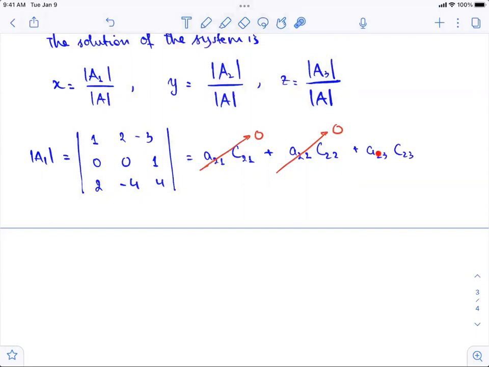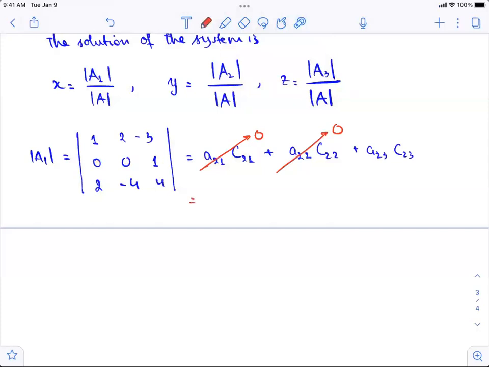Now for A23, which is equal to 1, the corresponding cofactor C23 is going to be equal to, let me look up the sign, so positive, negative, positive, negative.